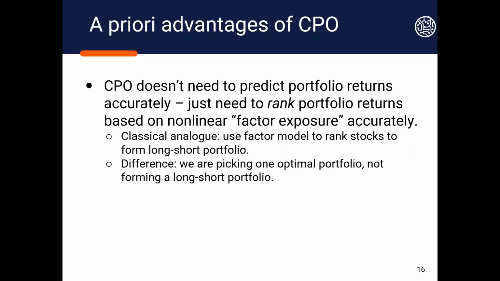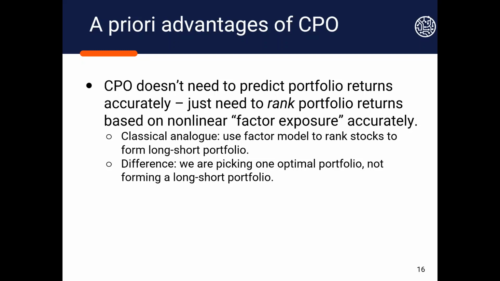So, if you study a lot of the classical finance literature, to create a long-short market-neutral portfolio, you can use any number of factor models and use that to rank the stocks, and long the stocks that are expected to have the highest return and short the stocks that are expected to have the lowest return.